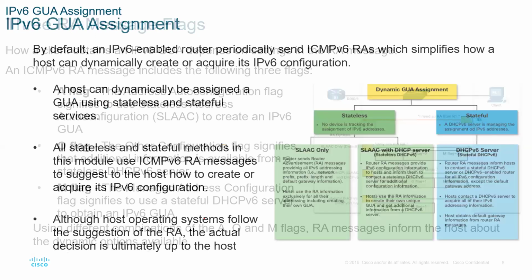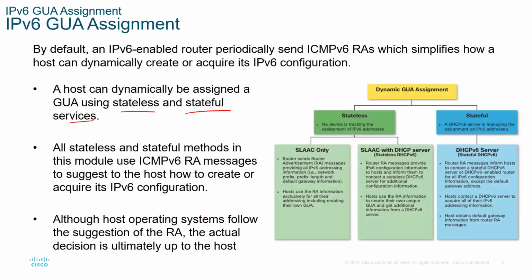All right. So here we are just looking at how a host can dynamically be assigned a global unicast address, either using stateless or stateful services. And when we talk of stateless services, we basically mean the server is not tracking the assignment of the IPv6 addresses.